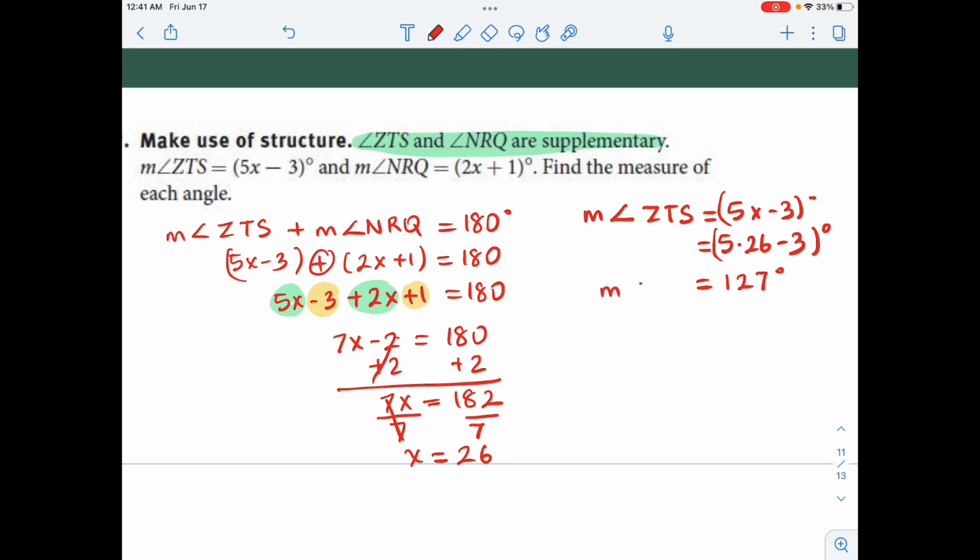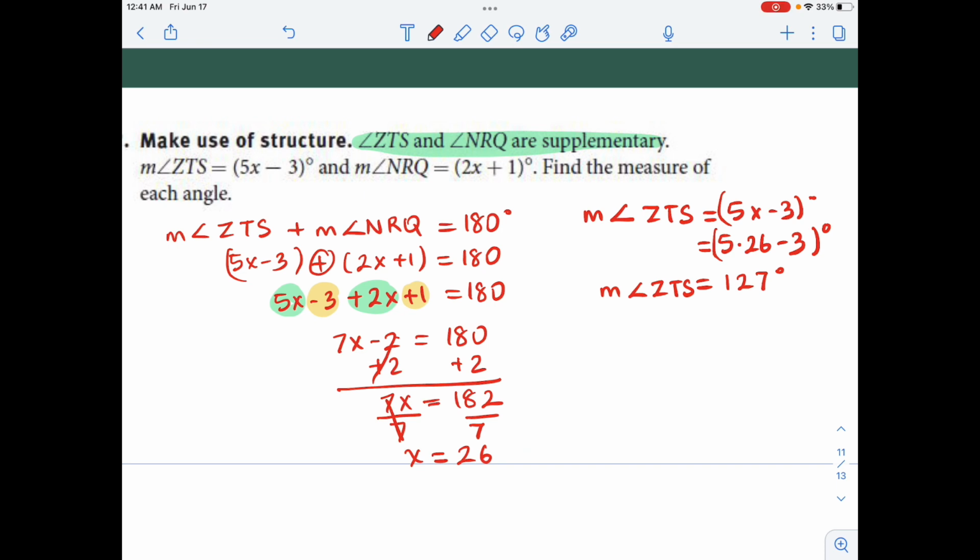So measure of angle ZTS will be 127 degrees. You can plug in 26 also for 2x plus 1. However, you can also subtract 127 from 180. You can get the same answer.